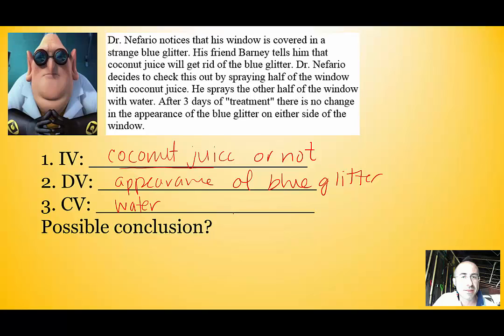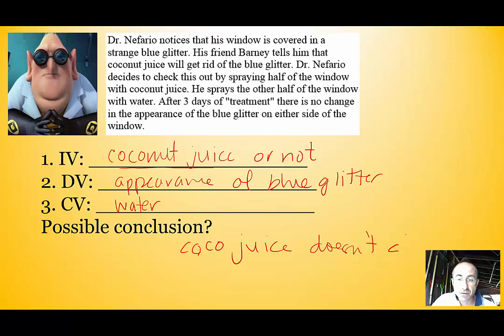All right, so what are our possible conclusions here? It said after 3 days of treatment, there is no change in the appearance of blue glitter on either side of the window, okay? So that wasn't a conclusion. That's just an observation. That just tells you what happened after 3 days. It doesn't tell you why. It doesn't make a conclusion. So your conclusion based on this data is basically that the coconut juice doesn't work.